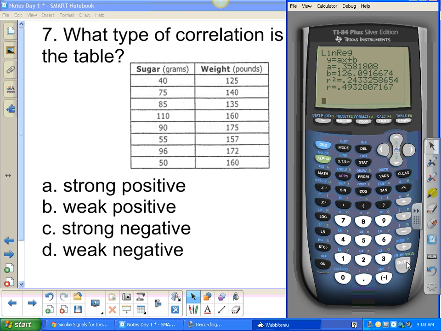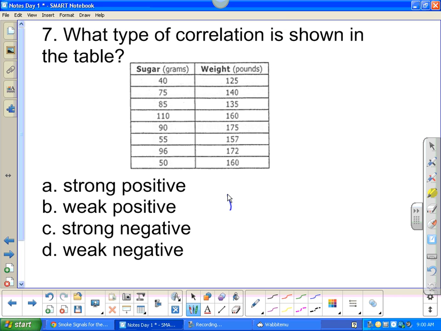All right, so it gives us the equation of the line with the A and the B, but that's not really what we're interested in here. It says what type of correlation. So it's looking for the R. So underneath the A and the B, you'll see an R squared, which we are not interested in, but the R, which we are interested in. So our R is 0.49. So that's like 49 cents.